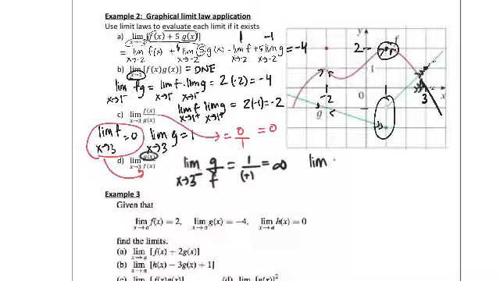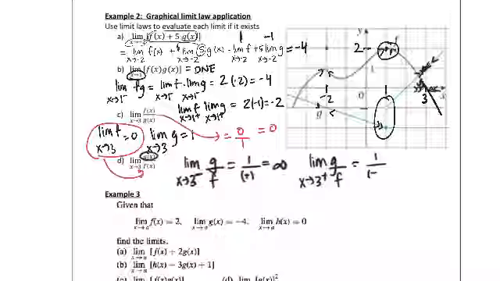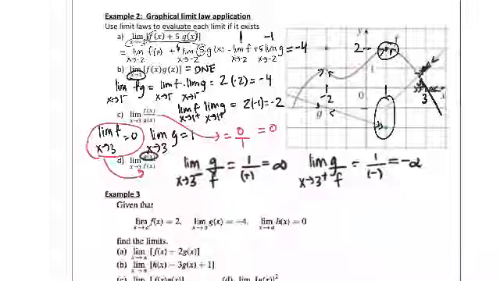If I do the same thing from the right, g is still approaching 1, but f is a small negative number. So this will be blowing up into negative infinity. And so overall, this quotient limit will not exist, right?